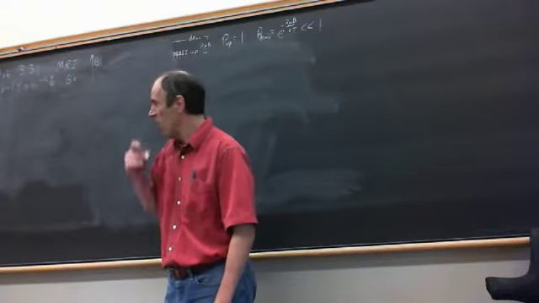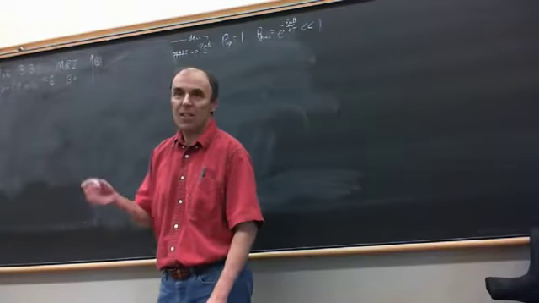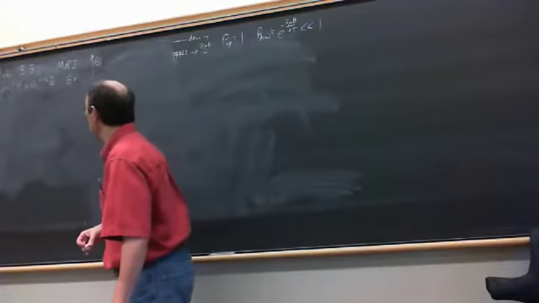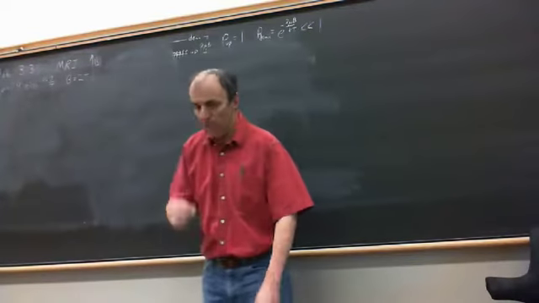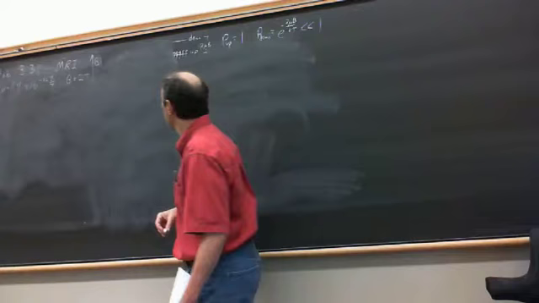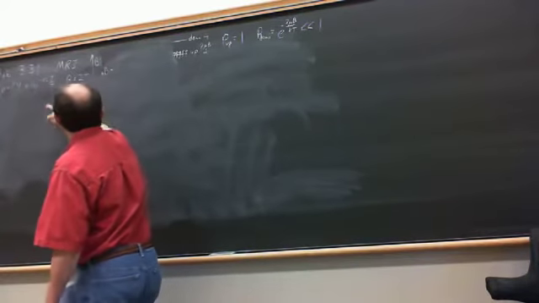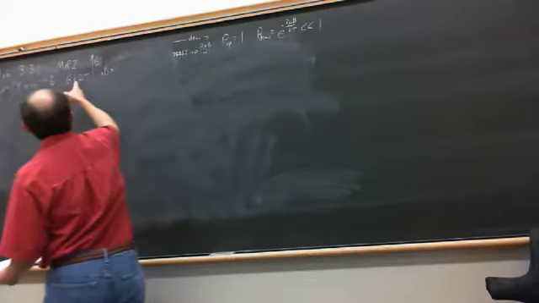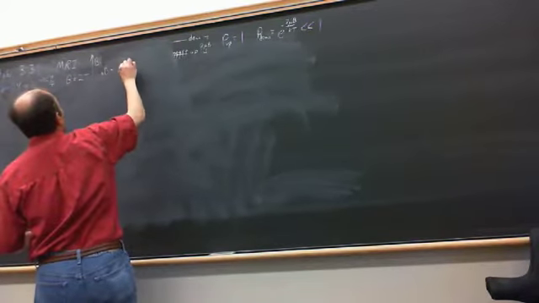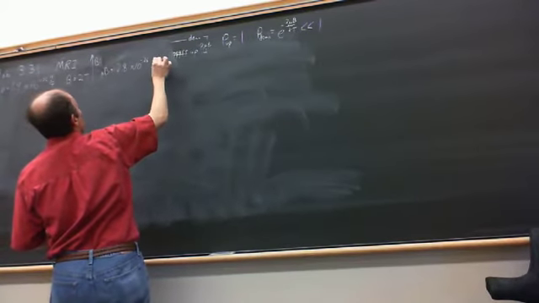Then they went up and you saw a lot of 4 Tesla machines, and now you're occasionally even seeing 7 Tesla machines. I'm just going to take a nice round number for the average of those, 2 Tesla. Always going to be a few Tesla. So, mu B, which is now going to be energy, because joule per Tesla times Tesla, is going to be just twice of this, 2.8 times 10 to the minus 26, and that's going to be joules.